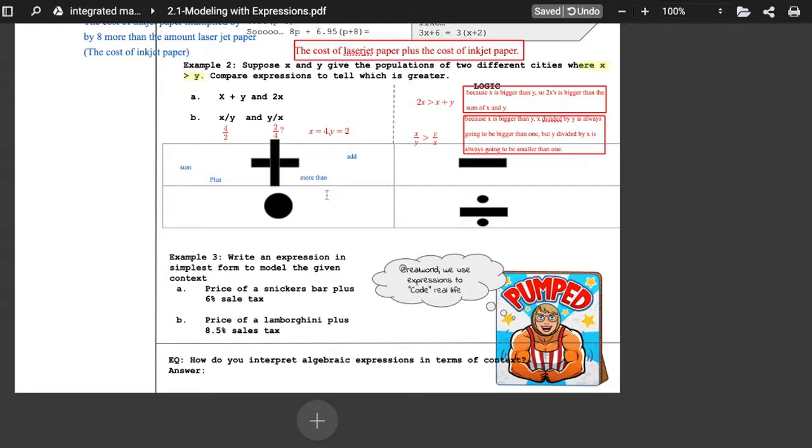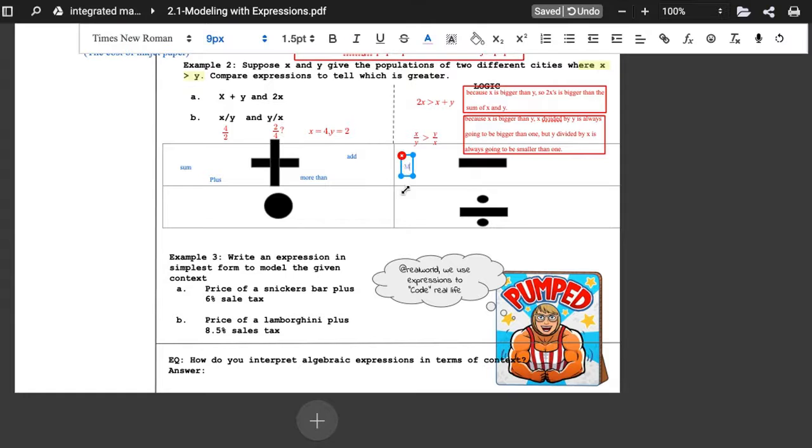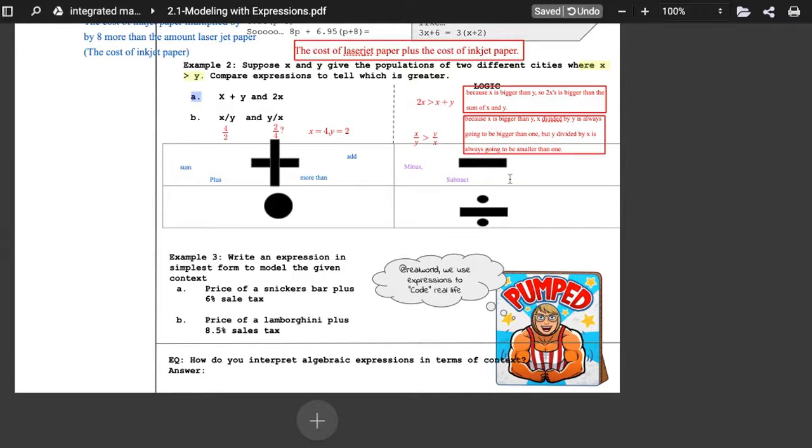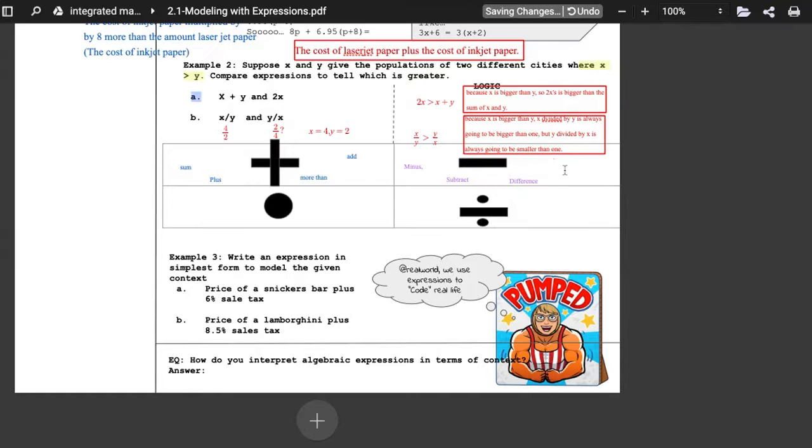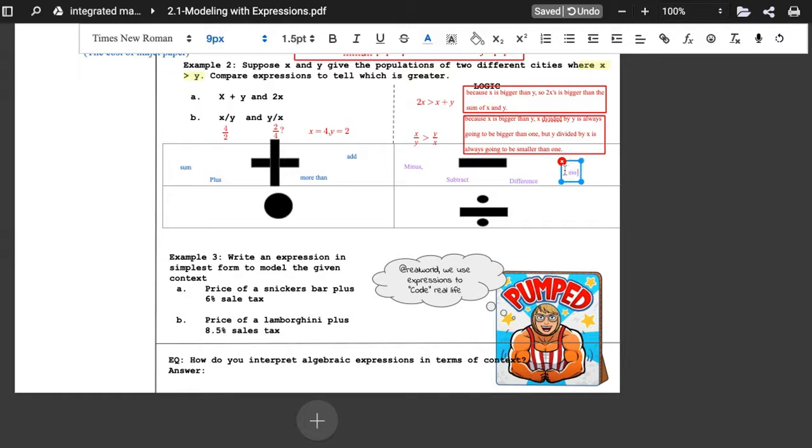Those are also words that mean to add. Some words that mean to subtract would be minus, subtract, difference, and less than. And obviously there are more, but those are just some that you will see.